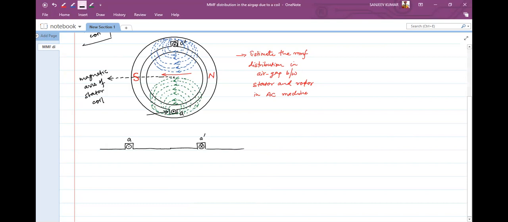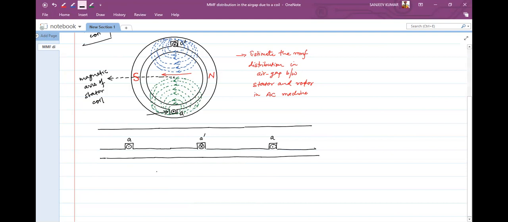And after another rotation or another half rotation, what we will get? We will get the A again. Okay, so this is your stator part. This upper part is your stator. It means that this part is represented by this part. Okay, this is your stator part, and this is your rotor surface.